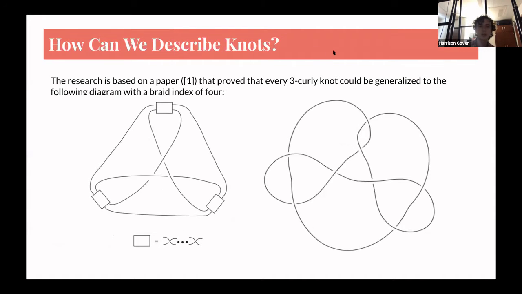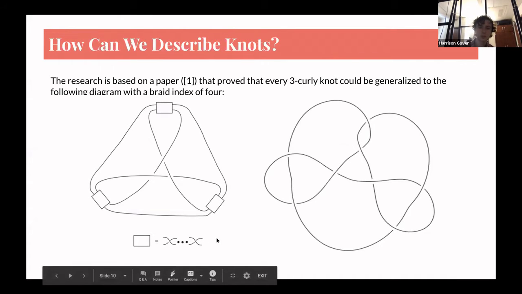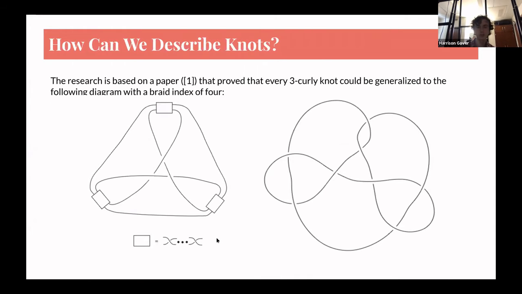So my research is based on a paper that proved that each 3 curly knot can be generalized to this diagram on the left. The diagram on the left is a knot with 3 boxes, and the boxes are a substitution for a certain number of half twists. Half twists are simply crossings that twist, right?